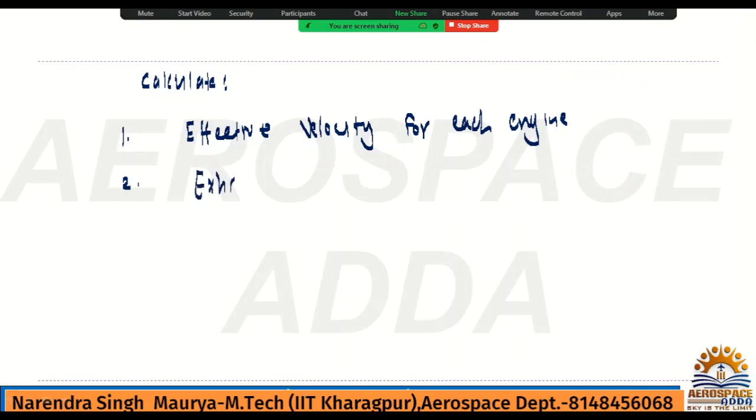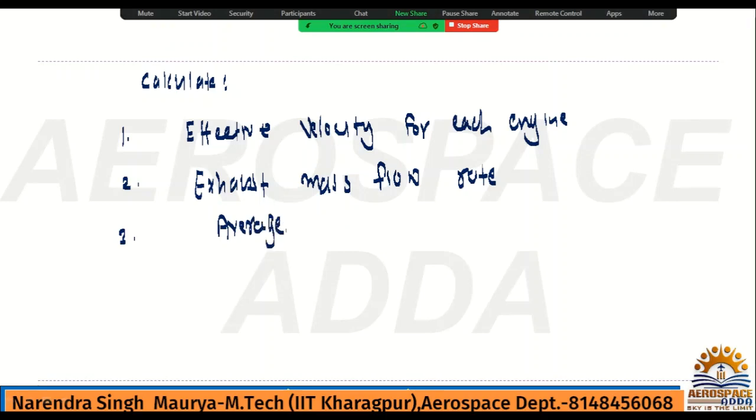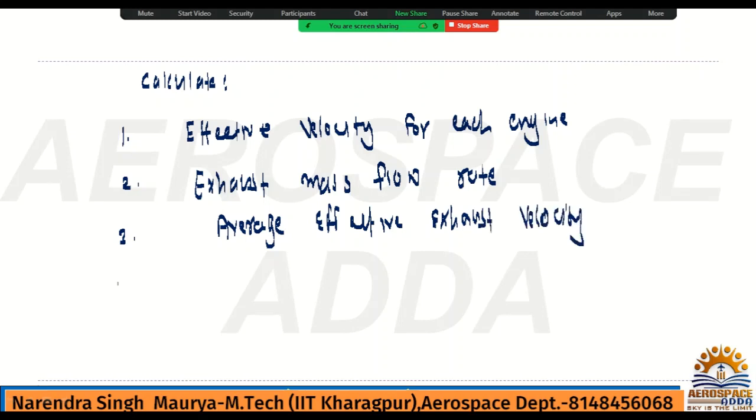Number 2, exhaust mass flow rate. Number 3, average effective exhaust velocity.